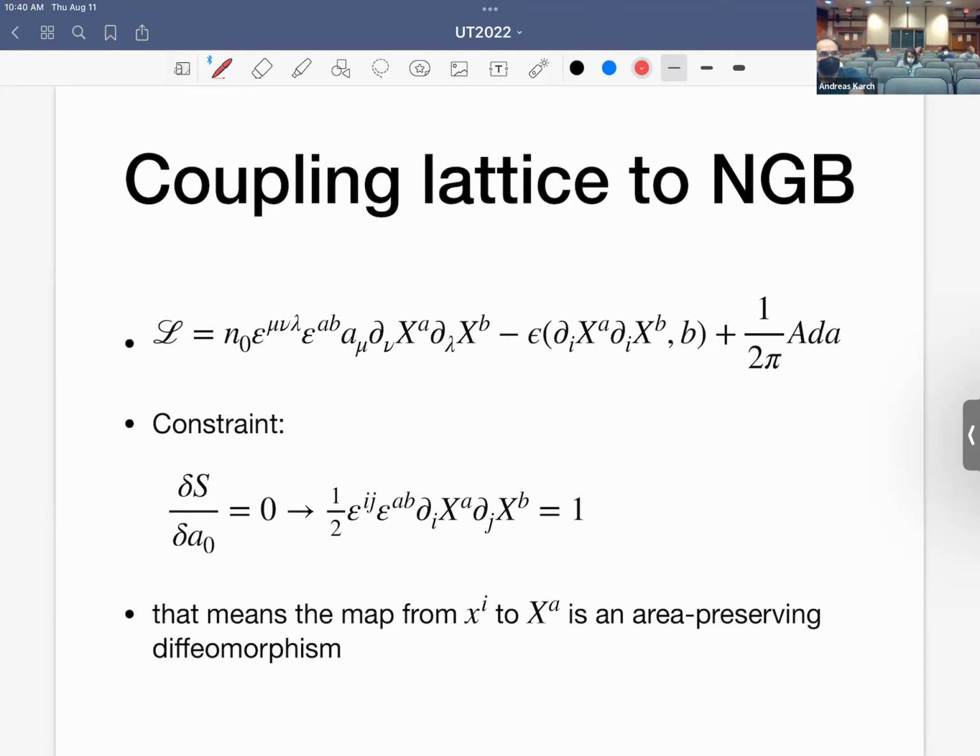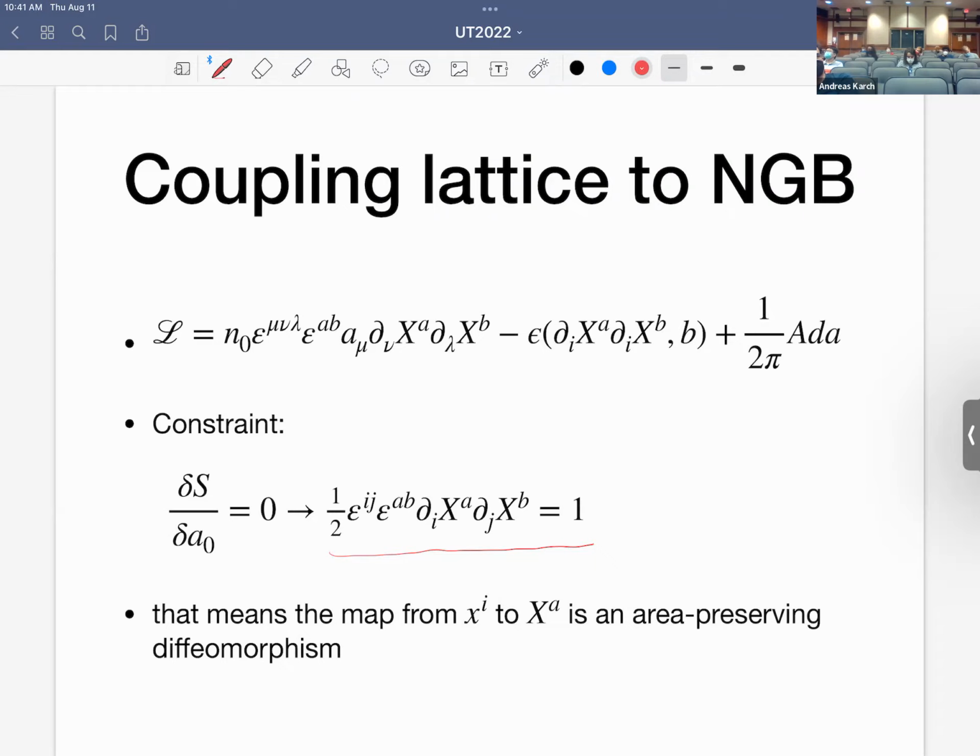But here we have a nonlinear equation. This nonlinear equation just says that the map from small x to capital X is an area-preserving diffeomorphism. So the problem is how to write down a field theory where the fundamental degrees of freedom are elements of the area-preserving diffeomorphism group.